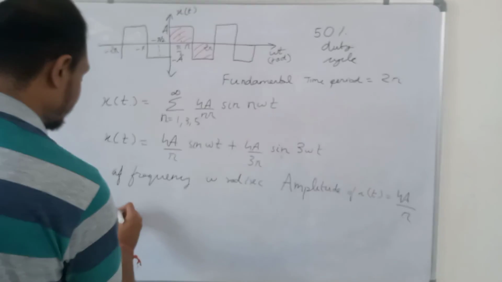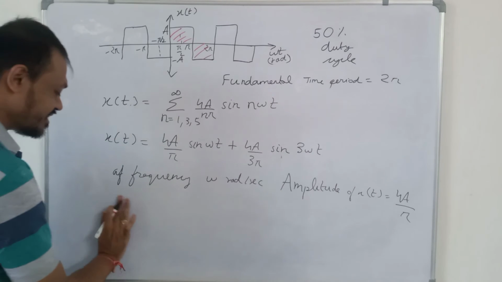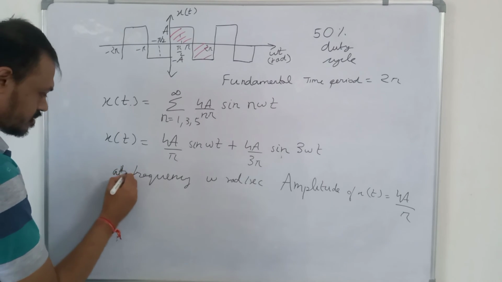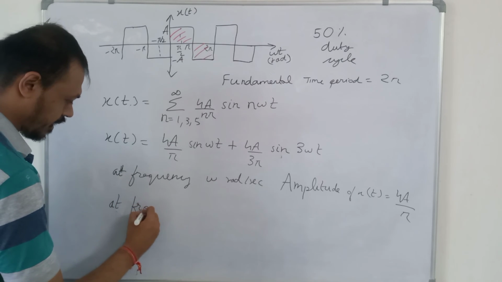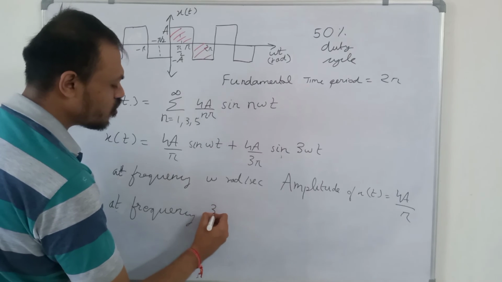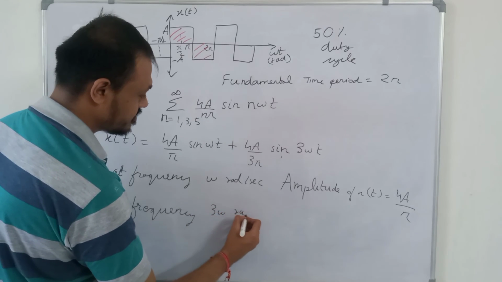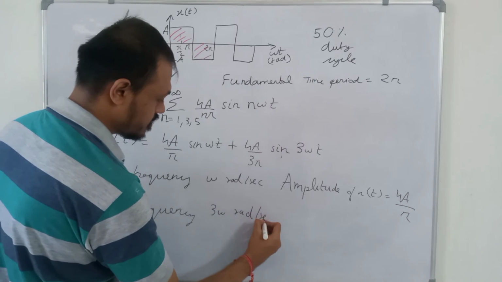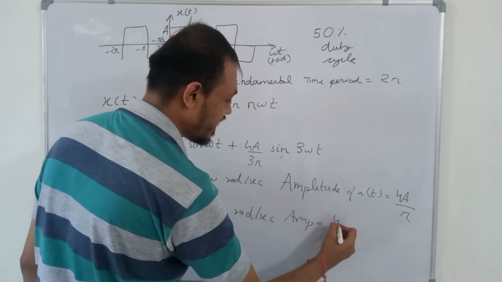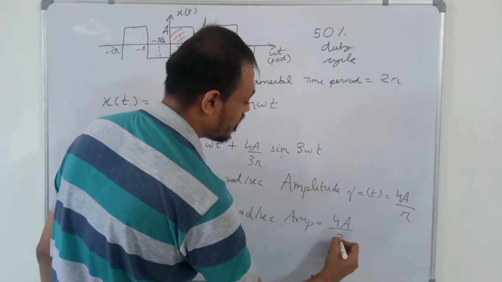At frequency 3 omega radians per second, amplitude will be equal to 4a upon 3 pi.